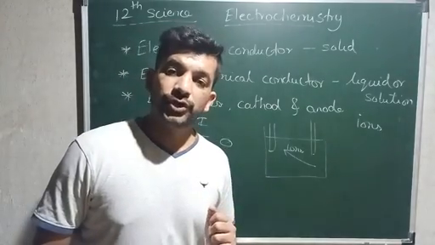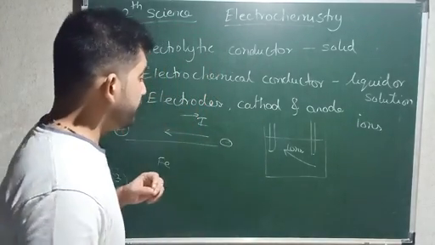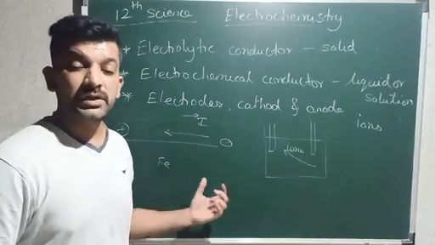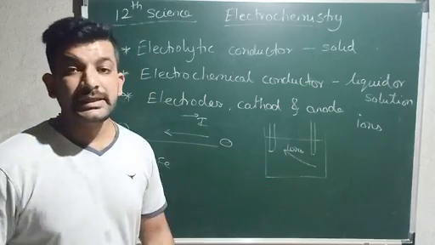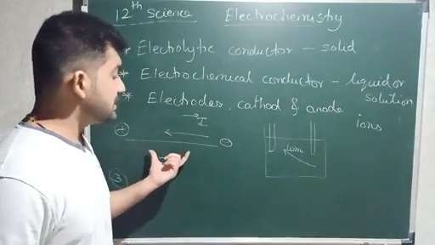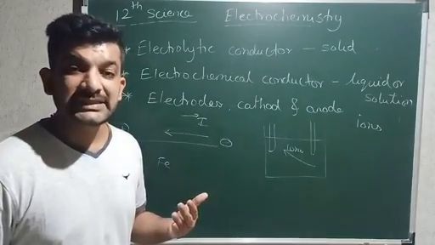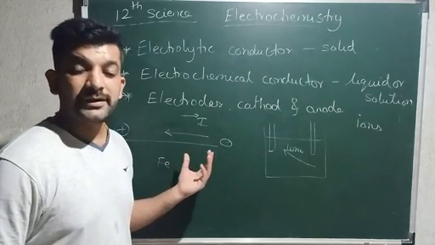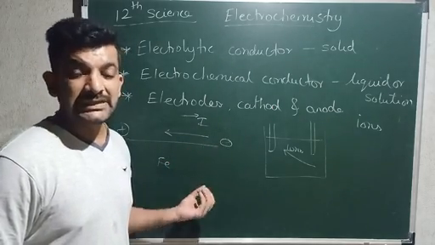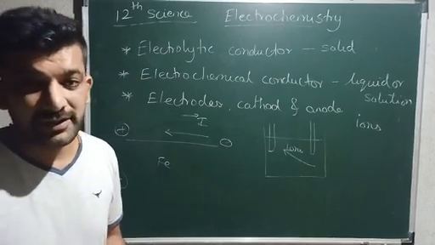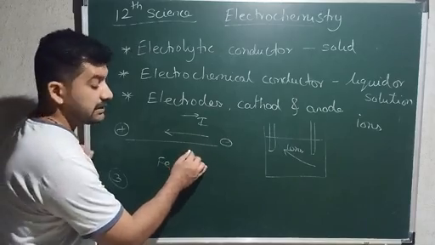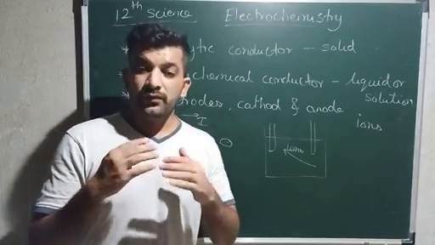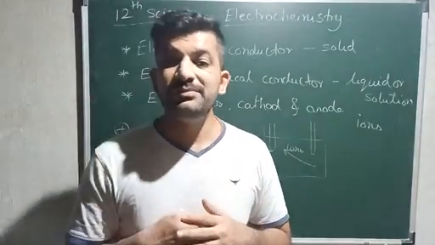The fourth point of differentiation is the effect of temperature and pressure on the conductivity of solids and liquids. For solids, with the increase in temperature, conductivity decreases, as we all know, and there is loss of current. With the increase in temperature, the atoms present in that solid vibrate more about their mean position.